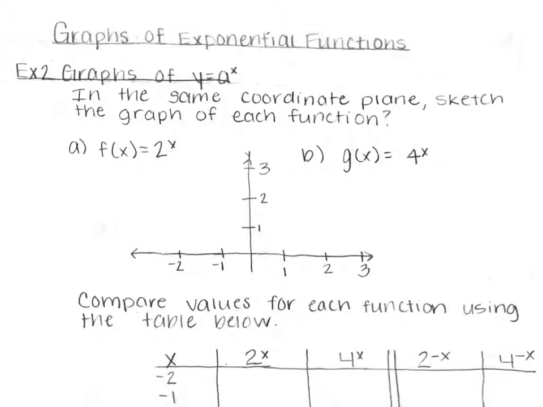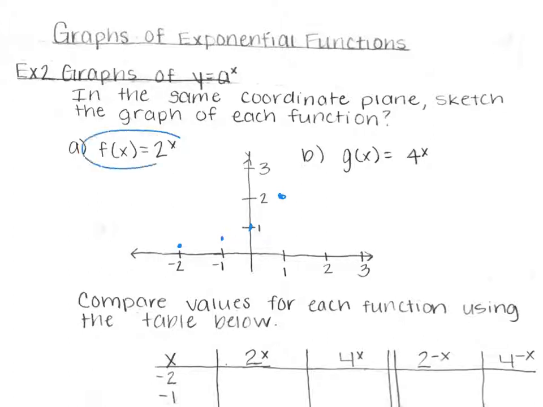So when we let x be 0, we have a point at 1. 2 to the first power is 2. 2 to the second power would be 4, but that's above our graph. 2 to the negative 1 power would be 1/2. Then we get 1/4. So we can see that we have an exponential function here.